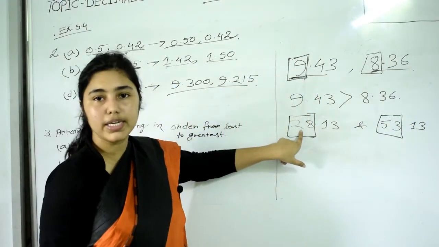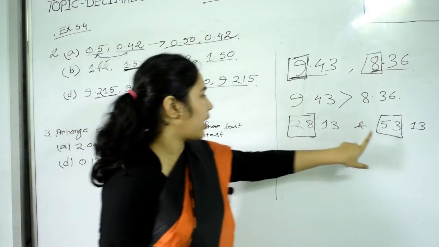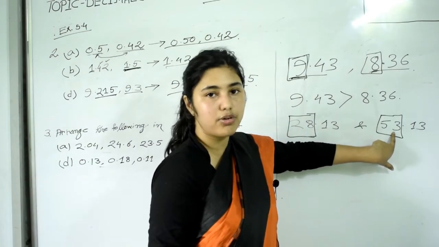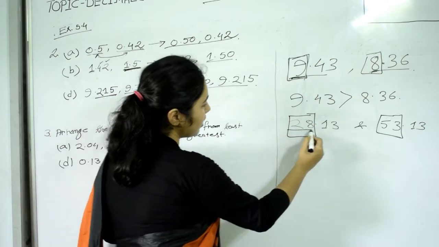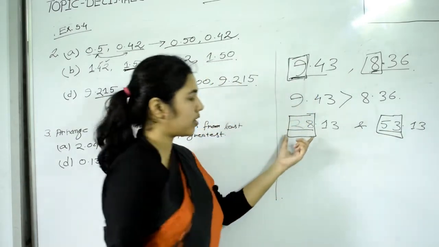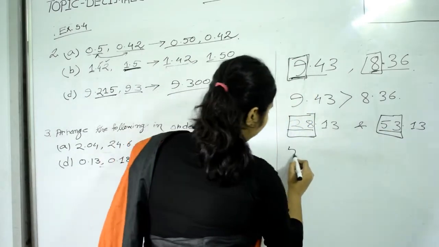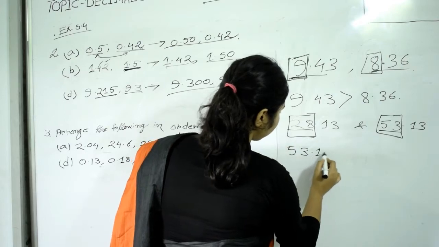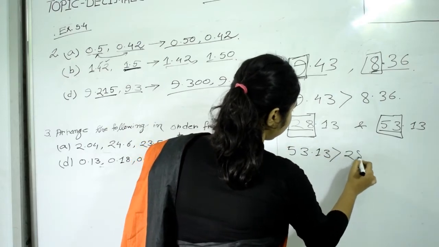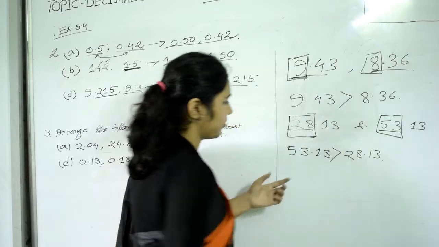Here 28 is our whole number part and 53 is our whole number, right? Now clearly 53 is more than 28. So clearly 53.13 is more than 28.13.